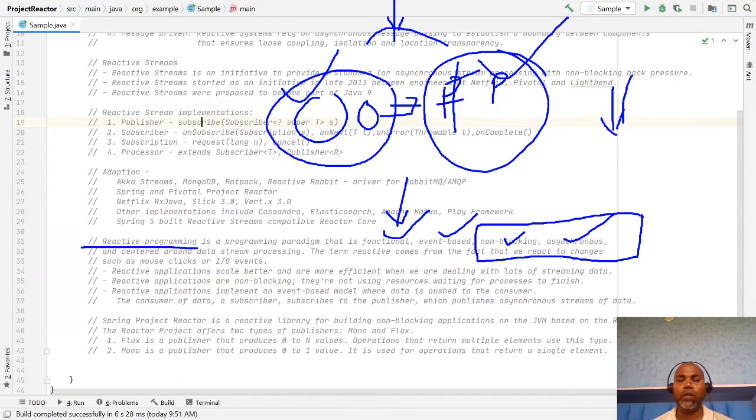Whenever we implement reactive programming in Java, Java has these tools and capabilities available. We can write code in the Java language for a reactive system as well. So we can build a reactive system using Java.